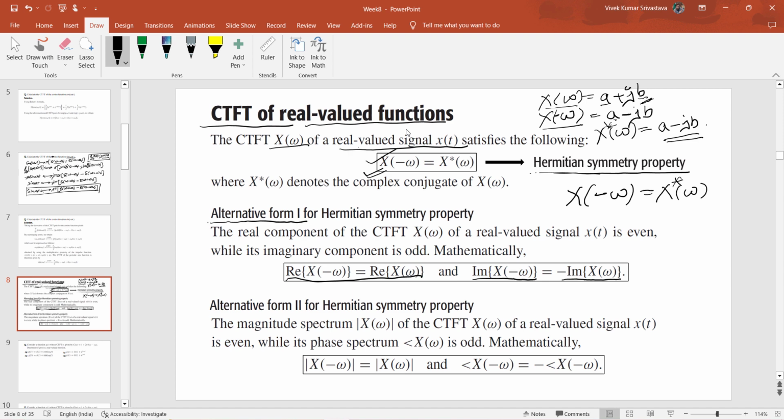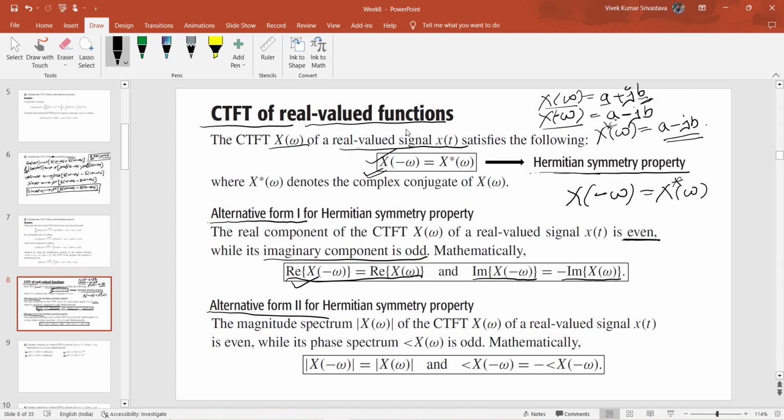It means that the real part of x of omega is an even function, whereas the imaginary part is nothing but an odd function. Similarly, we can also represent this in an alternative form, in magnitude and phase form.